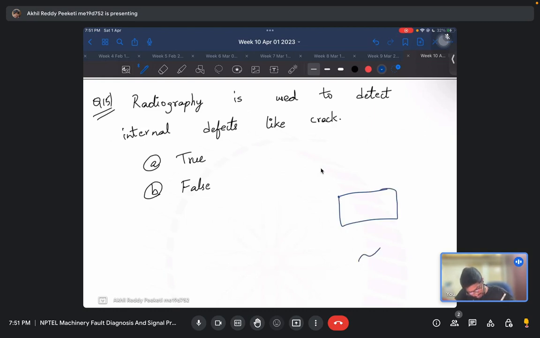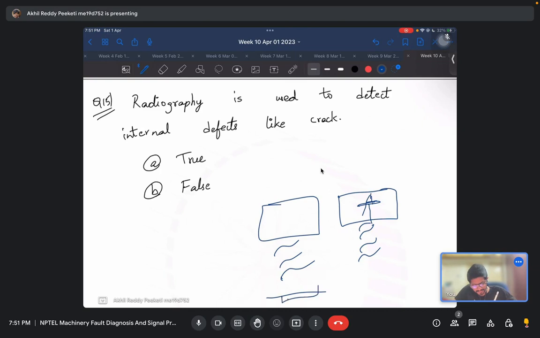So when you are sending some waves, if there is a crack inside, they will be reflected there and then they will be reflected again. So for an object without a crack and an object with a crack, there will be a difference in the signal from the sensors.